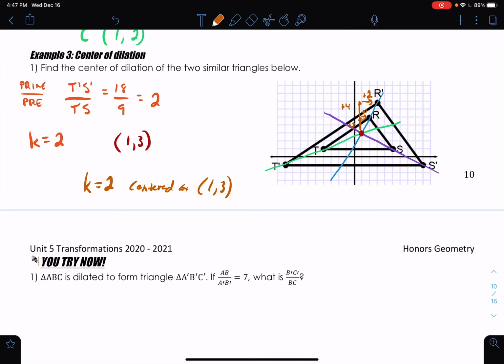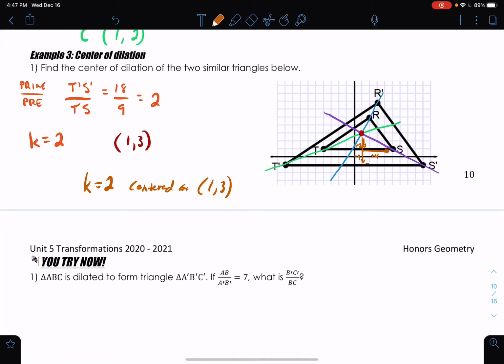Okay, let's just double check that looking at one of these other points. Okay, to get to S, I go down 2, to the right 1, 2, 3, 4. Down 2, to the right 4. To get to S', I go down 1, 2, 3, 4.